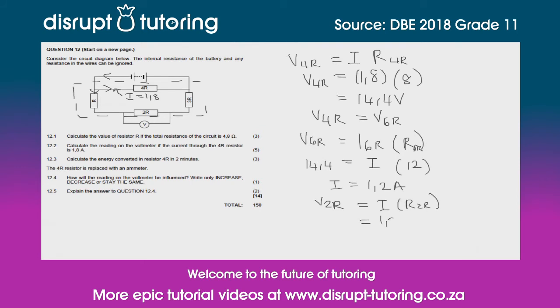So that is 1.2 times 2 times R, which is 4, and that gives you a voltage of 4.8 volts. So that is the reading on the voltmeter.